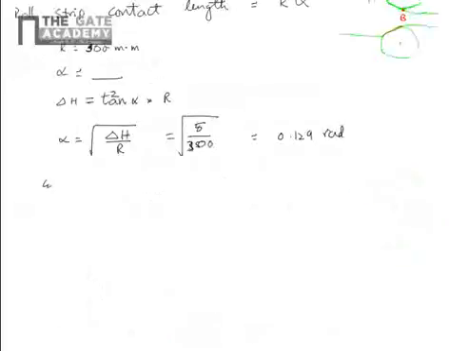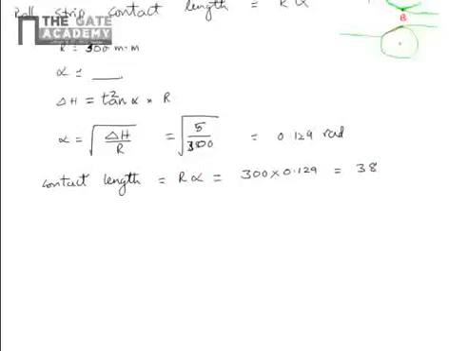Roll strip contact length equals r alpha, which is 300 mm into 0.129, equal to 38.72 mm.